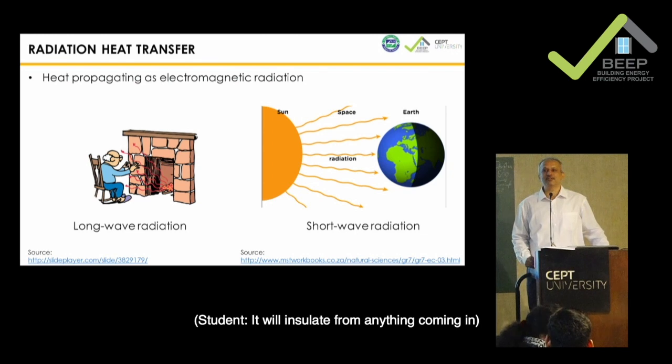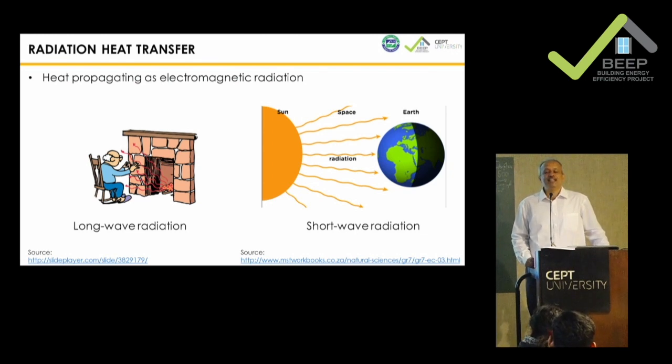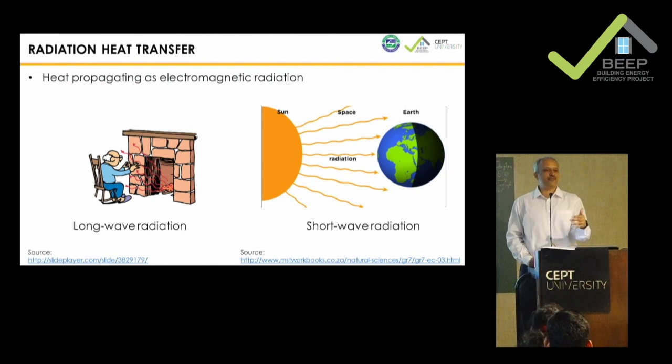That's a mistake I was looking for. The thermal wear is actually not going to reject anything which is coming through radiation. Right? It will reject it if it is conduction or convection.